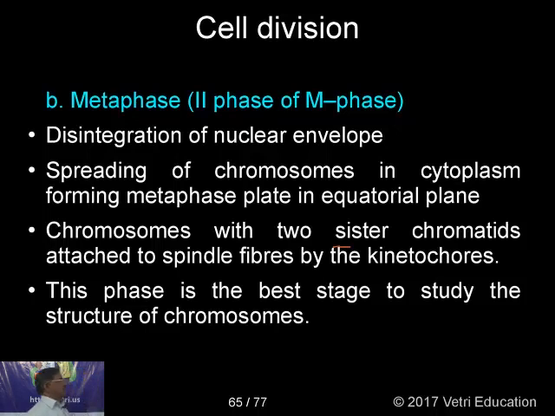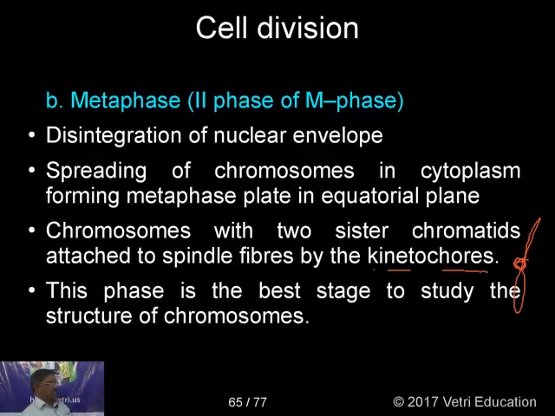Regarding the second one, metaphase, that's the second phase of the mitotic phase: the disintegration of the nuclear envelope and spreading of the chromosomes in the cytoplasm, forming the metaphase plate in the equatorial plane. Chromosomes with the two sister chromatids are attached to the spindle fiber by the kinetochore. So in the center of this chromosome, the centromere, inside you have the kinetochores.